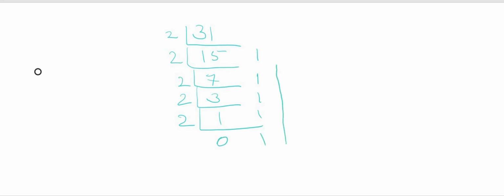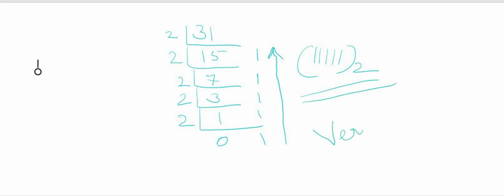And write from last remainder to the first remainder like this. We can write 1, 1, 1, 1, 1. This is the binary equivalent. So we have verified the answer. So you have to verify the answer like this.